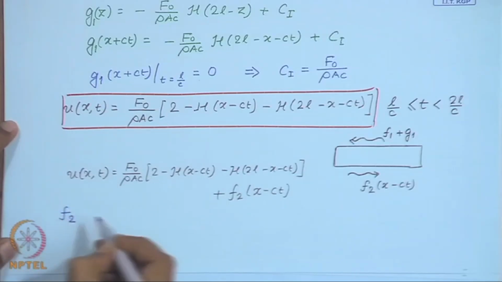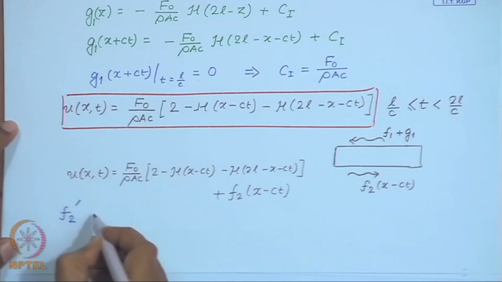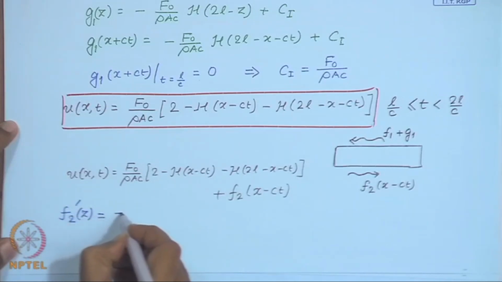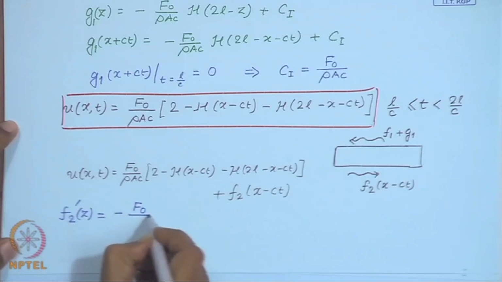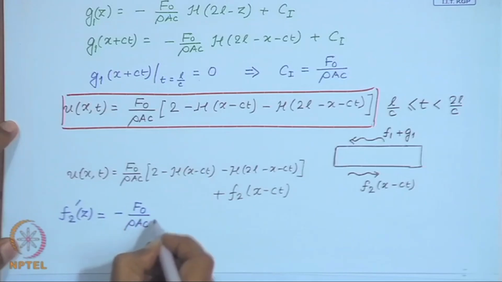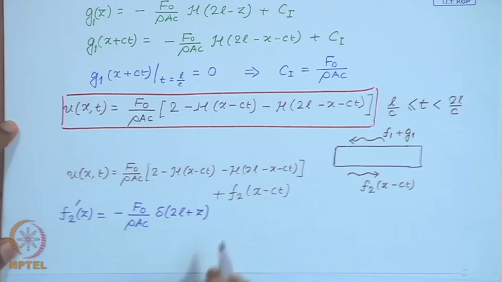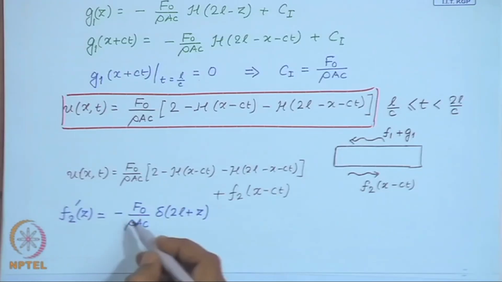So, you will come to this expression: f2 prime of z is given by this expression.